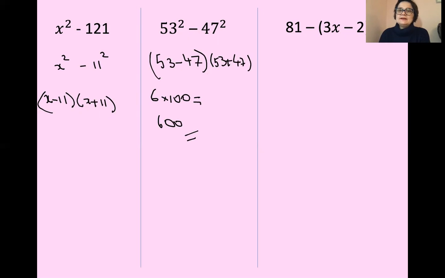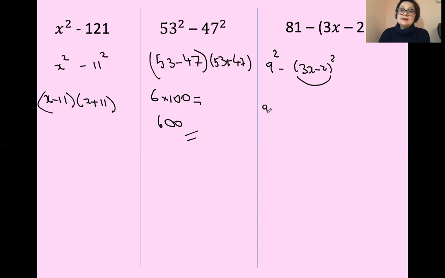Next one we have here is, again, the case when we have a number and a bracket to the power of 2. And the number here, 81, as we know, is the square of 9. So we rewrite this as 9 to the power of 2, and in brackets 3x minus 2, close the bracket, to the power of 2. Now the rule of difference of two squares is the first term take away the second term. So we think of the bracket as the whole term, and then the first term plus the second term, both of them in brackets.